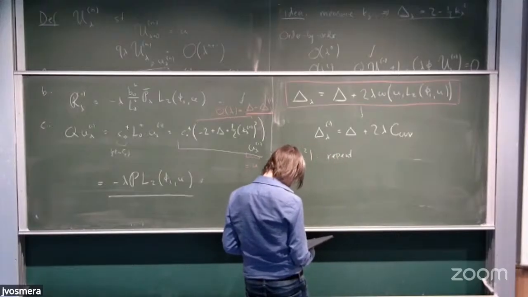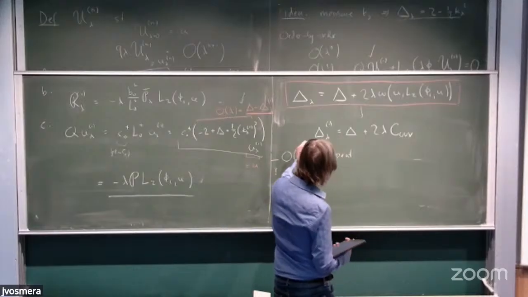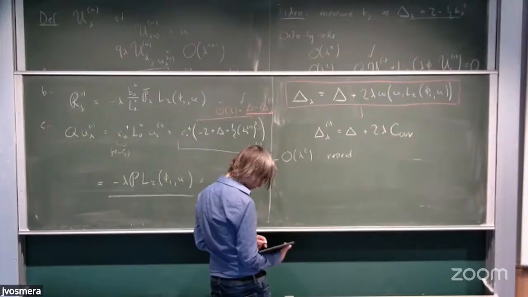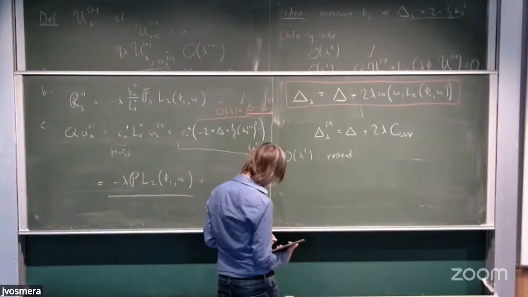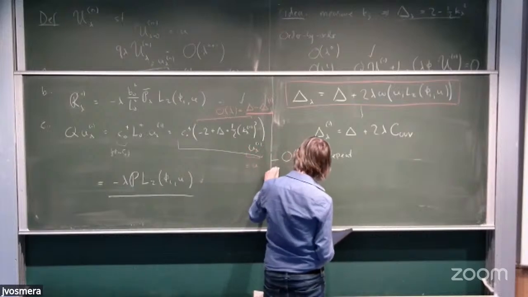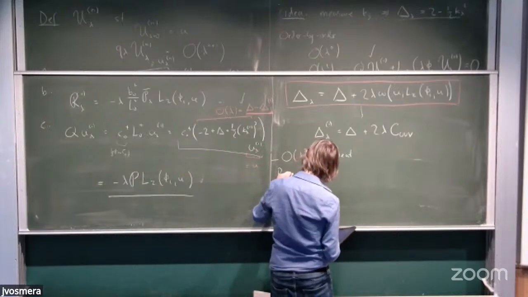I had this example where I wanted to show you how this gets implemented in the case of the free boson, but in view of time, let me probably skip that, and let me just do a couple of remarks.